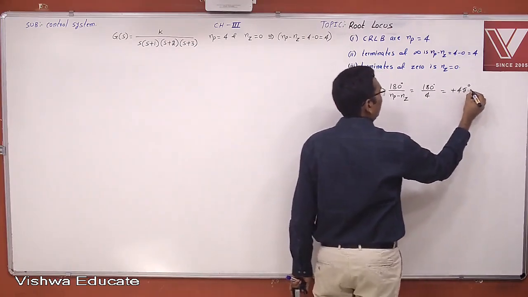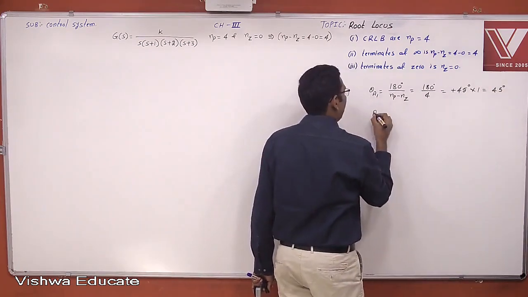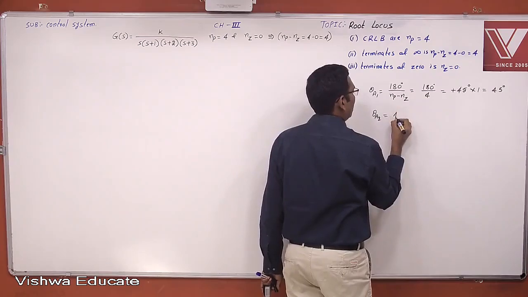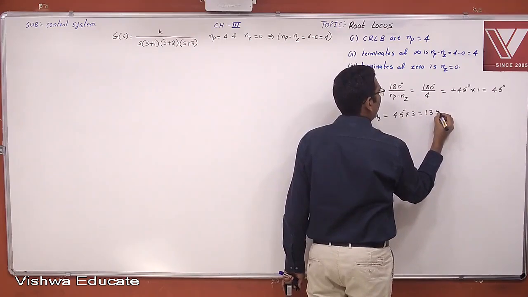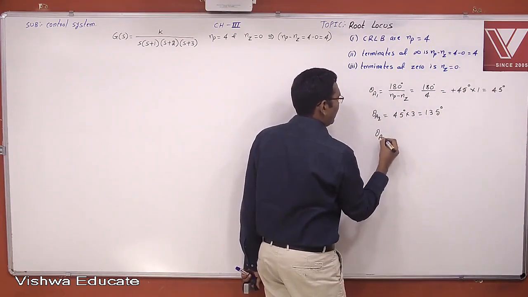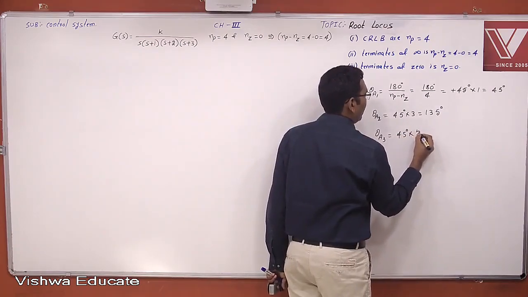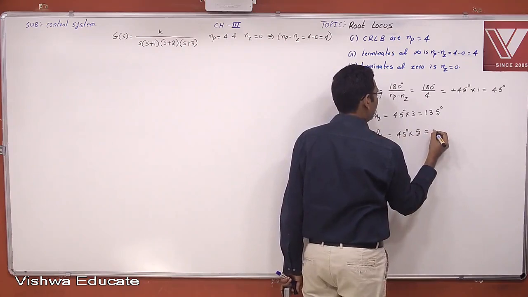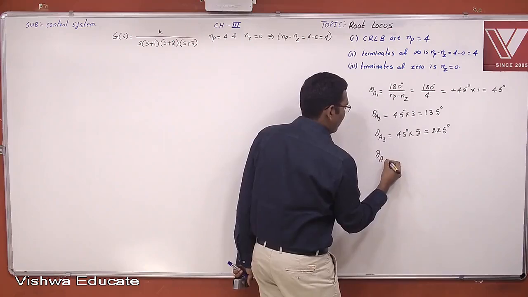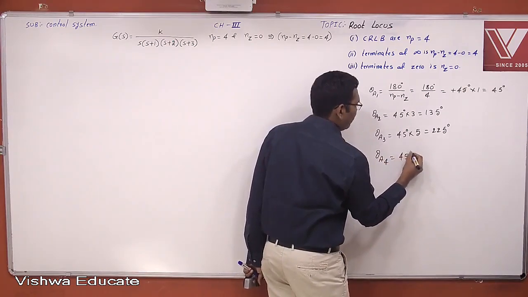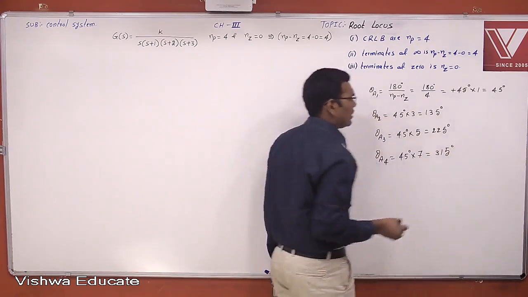The second angle is 45 degrees into 3, which is 135 degrees. The third angle is 45 degrees into 5, which is 225 degrees. The fourth angle is 45 degrees into 7, which is 315 degrees. But all these things are not required.